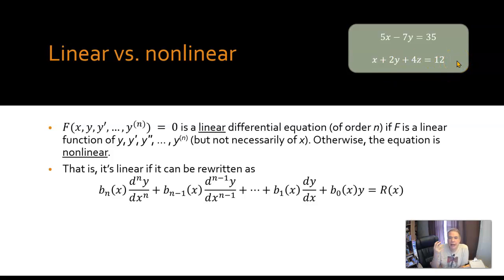But in each case, it's got an x term and a y term and a z term, and the coefficients on those terms can be any numbers, but you've got a number, a coefficient, times just that variable itself. Not that variable squared, not that variable times some other variable, not the sine or the cosine of that variable. If you have any of those things, it's not a linear equation anymore.